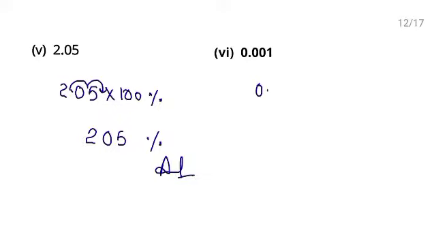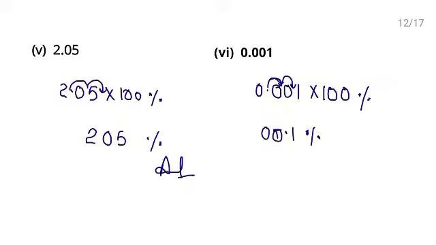Similarly, 0.001 they have given and they are asking to change it into the percent. So multiply by 100 and put percent sign. Now decimal will be shifted to right two places, 1, 2. So decimal will be here, 0.1%, right?